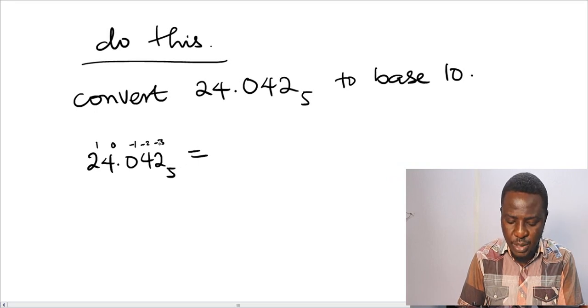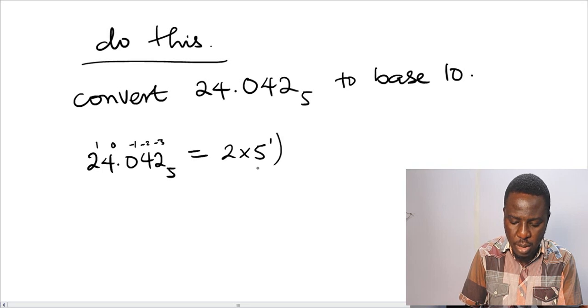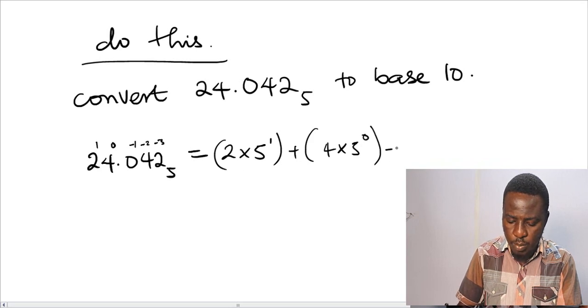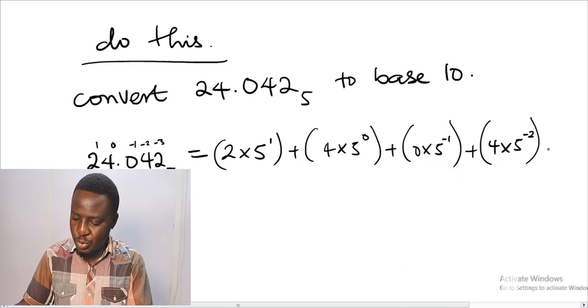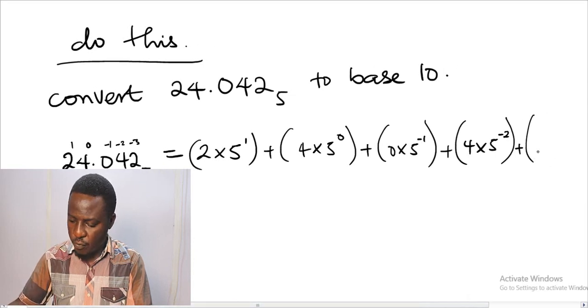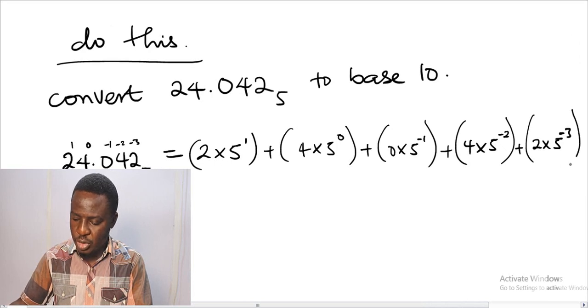You agree with me that this becomes 2 times 5 to power 1, plus 4 times 5 to power 0, plus 0 times 5 to power -1, plus 4 times 5 to power -2, plus 2 times 5 to power -3.